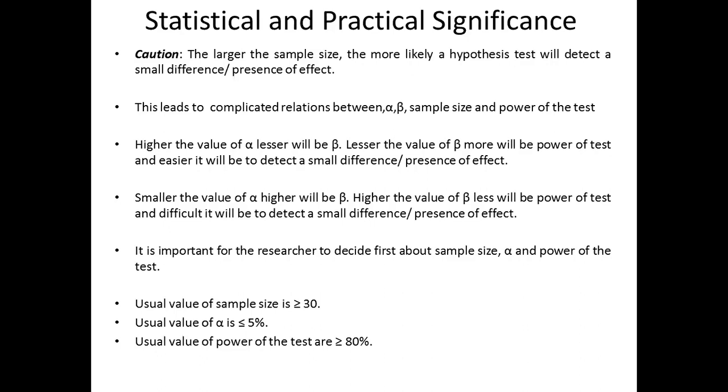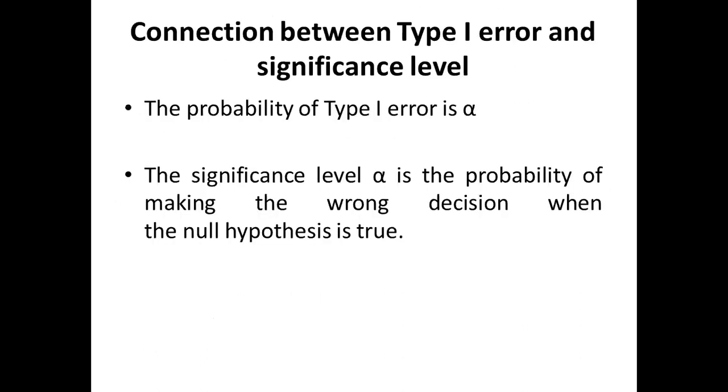Usually the sample size is taken greater than or equal to 30, the usual values of alpha are less than or equal to 5%, that is 0.05, and the usual power of the test that researchers are supposed to take should be greater than or equal to 80%. The probability of type 1 error is also called alpha, which we have just discussed.